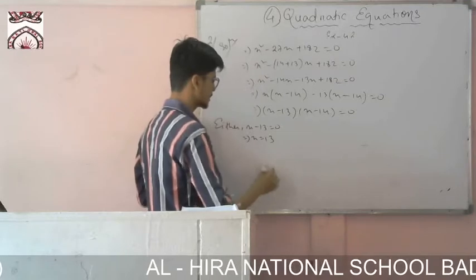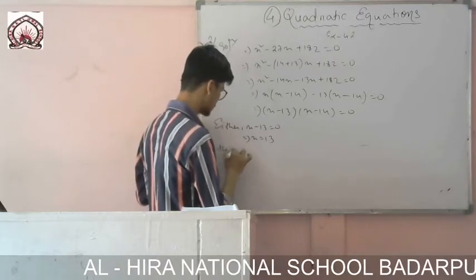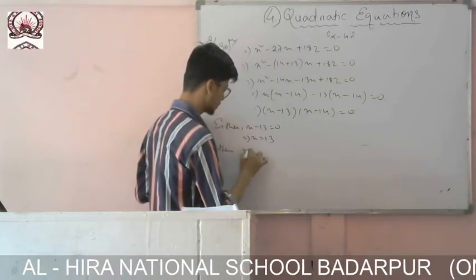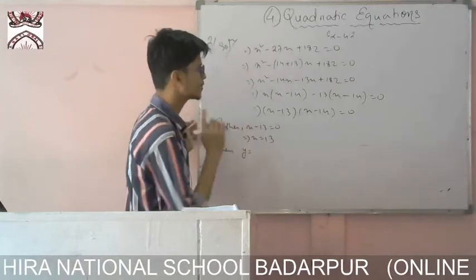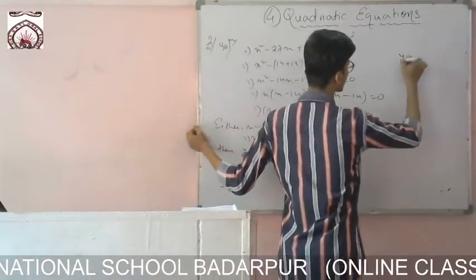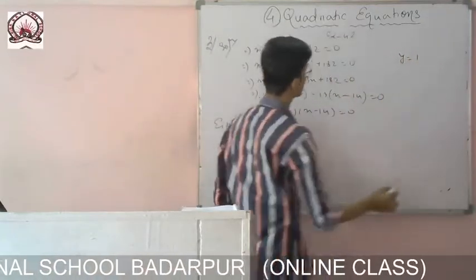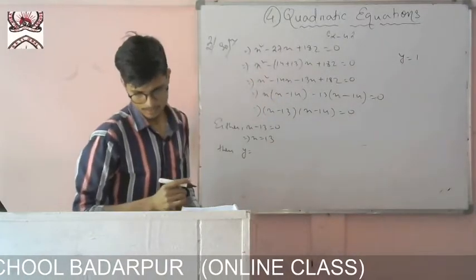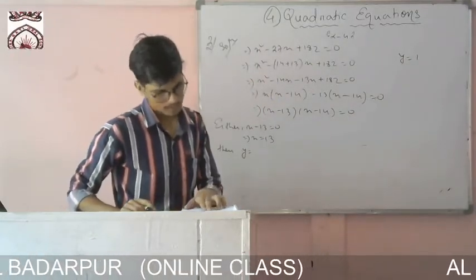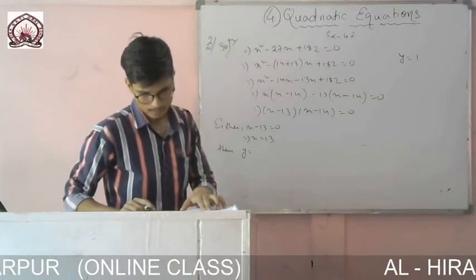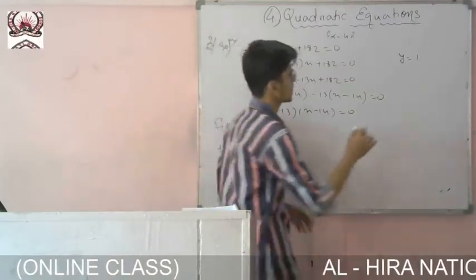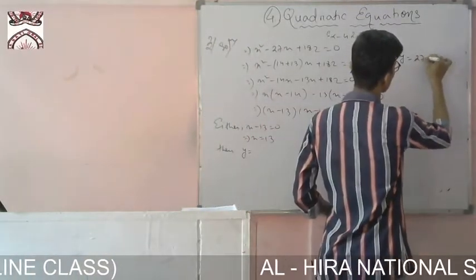If x is 13, then y equals, from our first equation, 27 minus x.